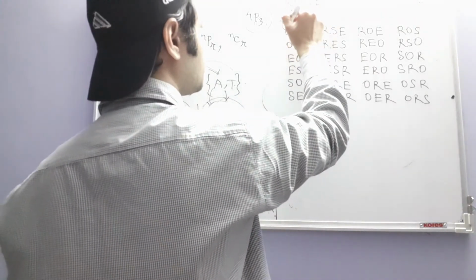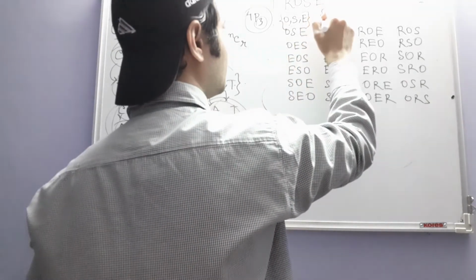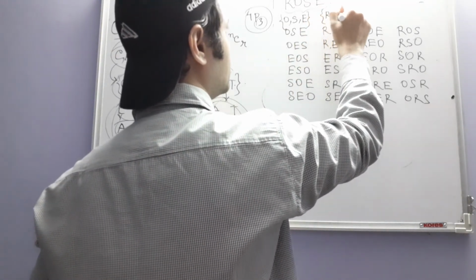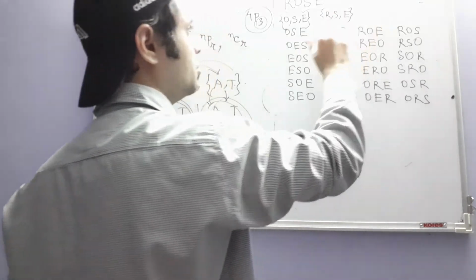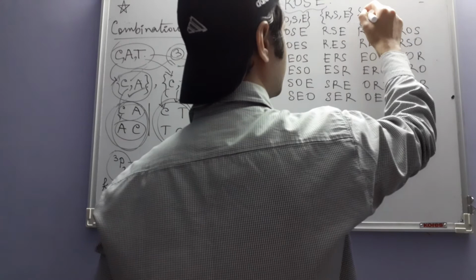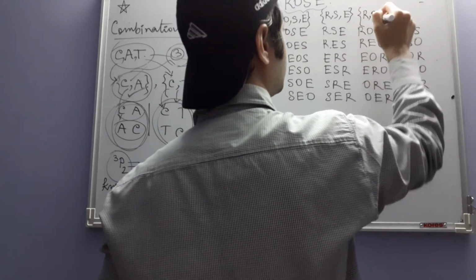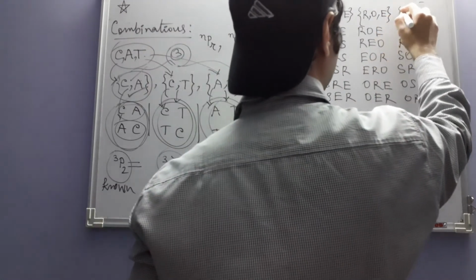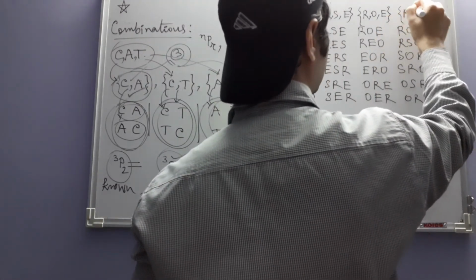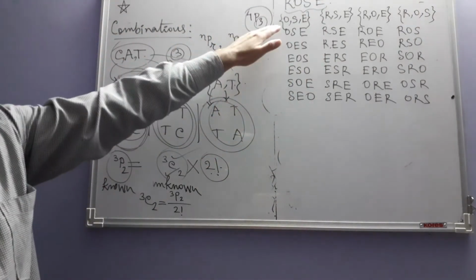So here we have chosen O, S and E. Here we have chosen R, S and E. We have chosen to remove O. Here we have removed S and chosen R, O and E. And finally, we are not considering E here. We have chosen R, O and S. So this is the first step.